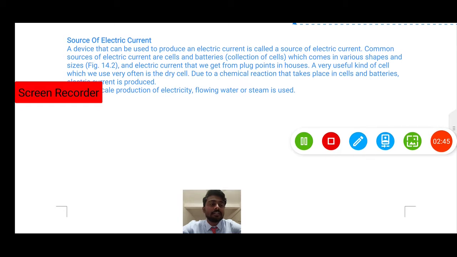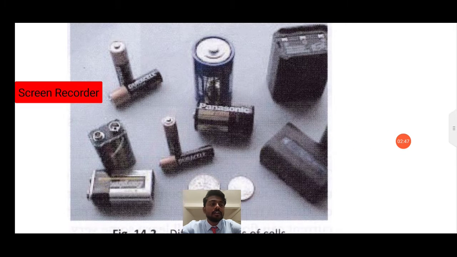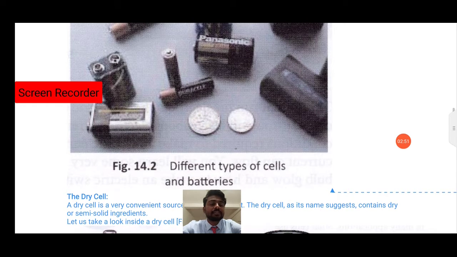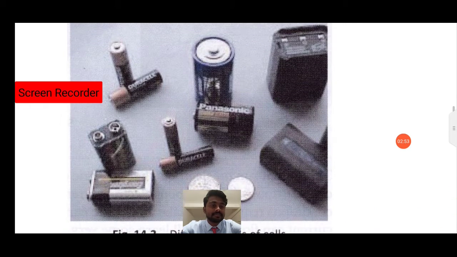Okay, see the pictures: different types of cells and batteries. You can see different sizes and different shapes. Some batteries are cylindrical in shape, some are square. Yes or no?